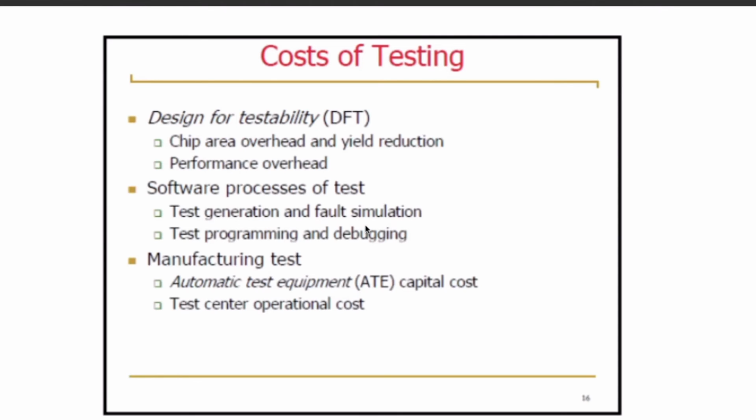Then there is ATE cost. After implementing all the test development, we have gathered a certain amount of confidence metrics on the design, and then we deliver our GDSII file to the fabrication vendor.